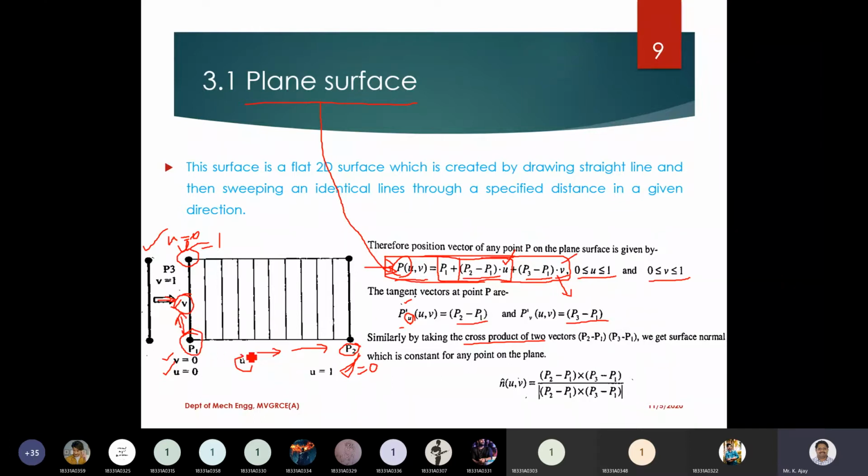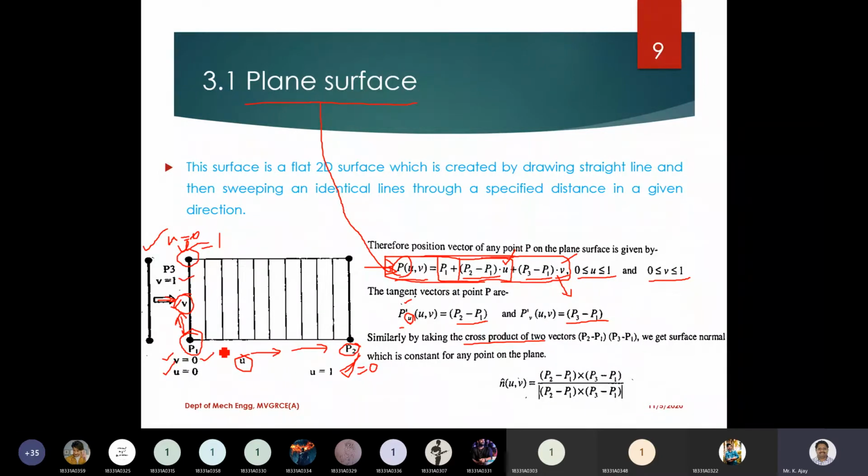Whenever two directions are being used, one parameter takes care of one direction. For the straight line, he is considering a parameter v, which means that in order to generate the straight line, v has to be changed from 0 to 1. Here v is 0 at P1, and at P3 v is equal to 1.